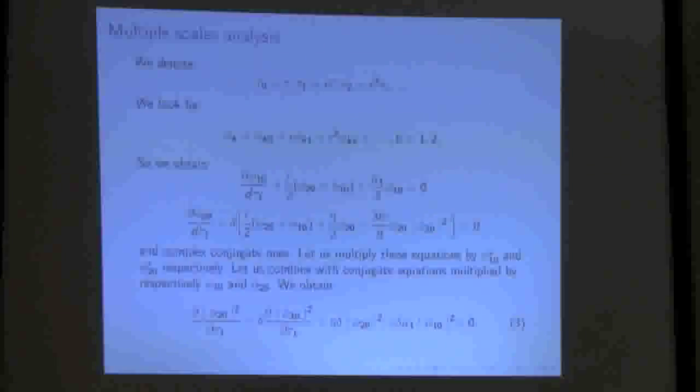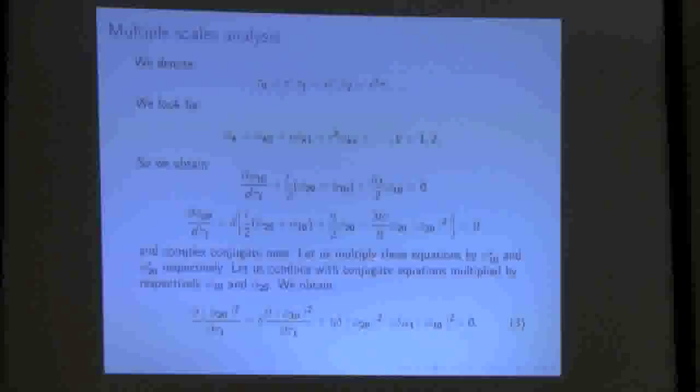And I consider multiple scale analysis by introducing multiple times tau 0, tau 1, tau 2, and by expanding phi k versus epsilon. So it looks like what I did previously. Again, we obtain these differential equations versus tau 1, and I also have complex conjugate ones, but it's not necessary to write them.